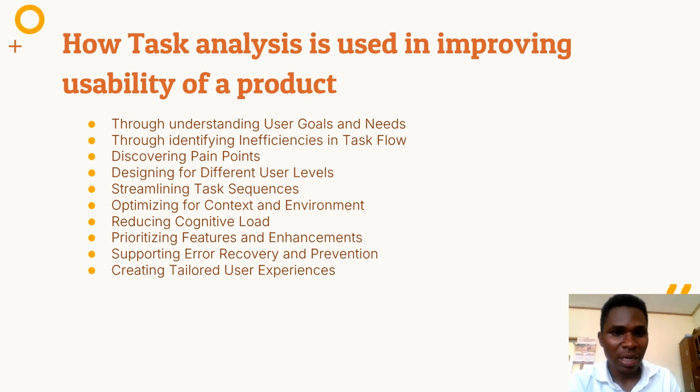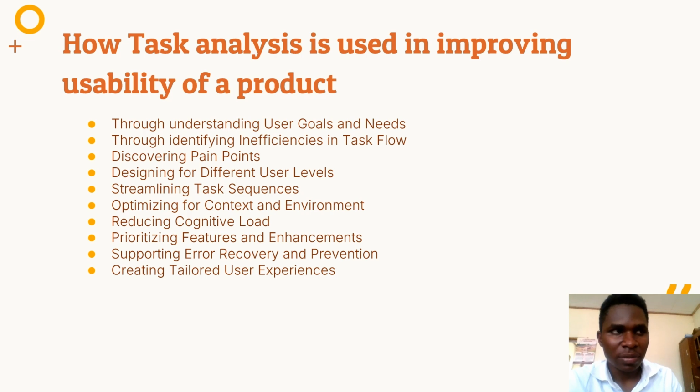This looks at basically the loopholes, all the challenges that are within the design, or the loopholes within task performance. We have also designing different user levels. We have streamlining task sequences. We have optimizing the context and environment, or reducing cognitive load.